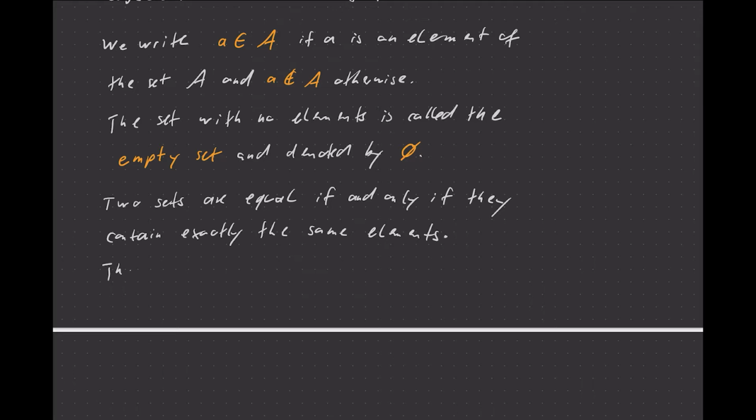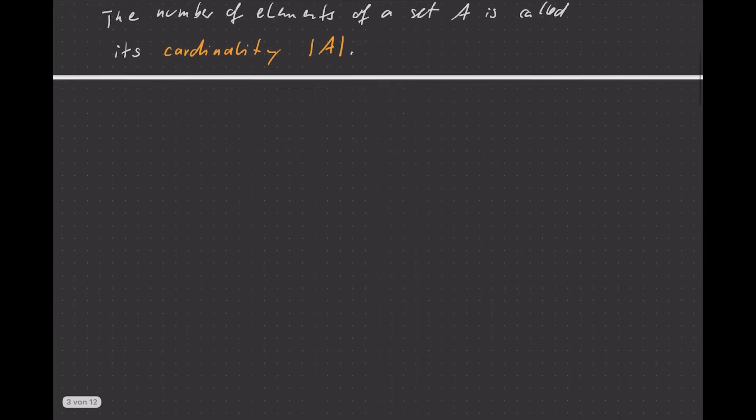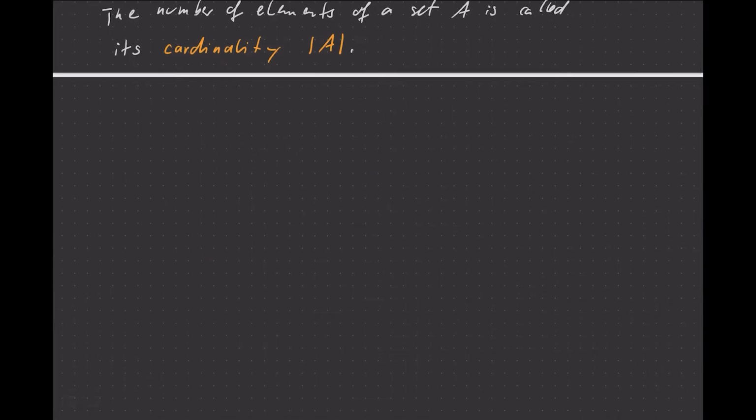So the number of elements of a set A is called its cardinality, and denoted by A in absolute value signs, like this here. For a set that doesn't mean an absolute value, that refers to the number of elements, the cardinality of a set.